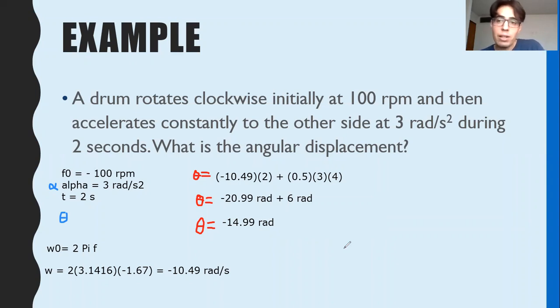If the time was bigger, then maybe it would have stopped and then started going back again. But in this case, it didn't. It only kept advancing until we stopped counting the time. So it didn't get the chance to stop completely and start spinning to the other side.